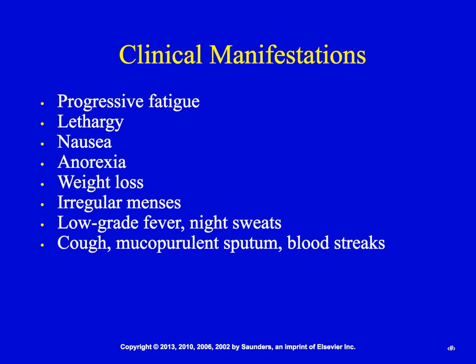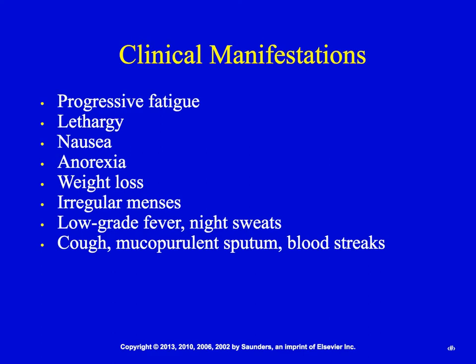The classic signs and symptoms, the big ones that people often associate with TB, are night sweats, weight loss, and this cough, this hemoptysis, so they have blood in their sputum that they're coughing up. So once somebody tells you that they've had night sweats, low-grade fever, they're coughing, it's blood-tinged, they have a loss of appetite, they're losing weight, and this has happened over maybe a month or so.